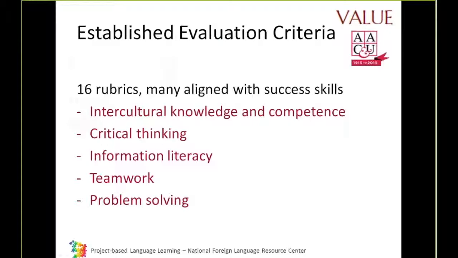If you look at their website, they have 16 rubrics. Many are aligned with success skills. And I want to emphasize intercultural knowledge and competence. This particular rubric probably is very important for us, in addition to critical thinking.